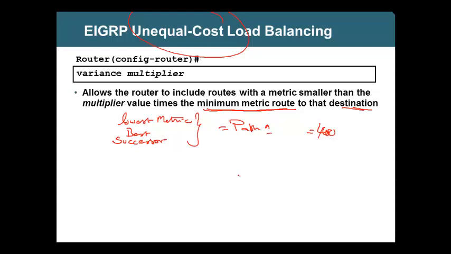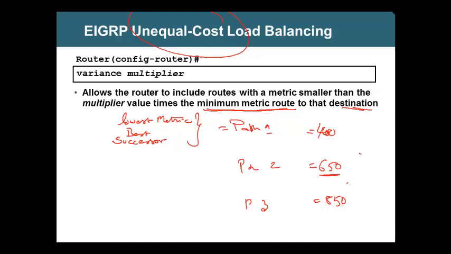There is another path, path 2, which is 650. That's not minimum, no? 650 is not minimum. 400 is the minimum. There is another path, path 3, which is 850. Now, these are all unequal cost.